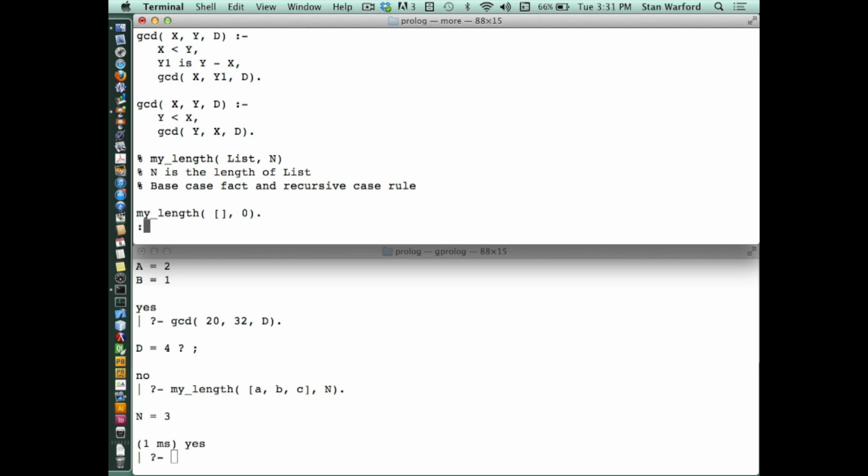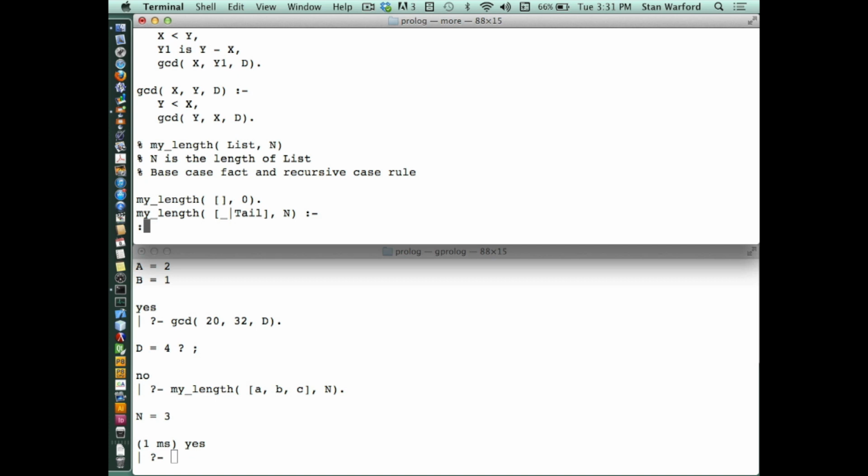You're just stating what it is, and it'll do all the searching for you. And then what? Oh, I should have had you come up with this one. My length. Oh, here's another anonymous variable for you. So my length, any car with tail N, if what?